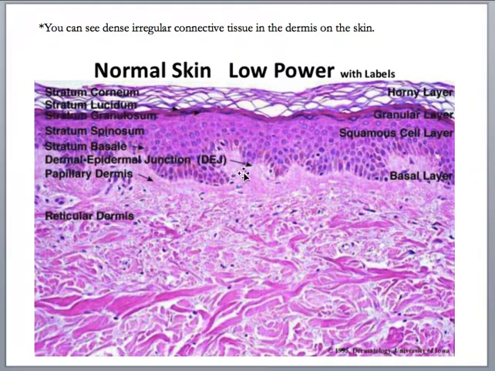So you'll get a skin slide. You'll see stratified squamous epithelium, you'll also see dense irregular connective tissue. And if you go even further down below the dermis, you'll see in the hypodermis lots of adipose. So again, you can find lots of different tissue types in one slide of one organ.